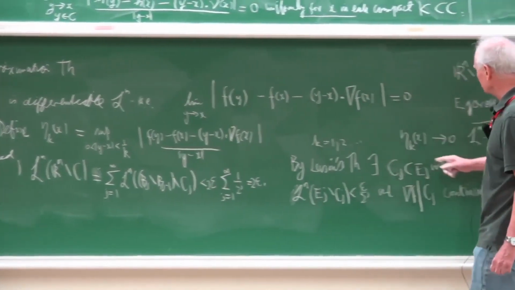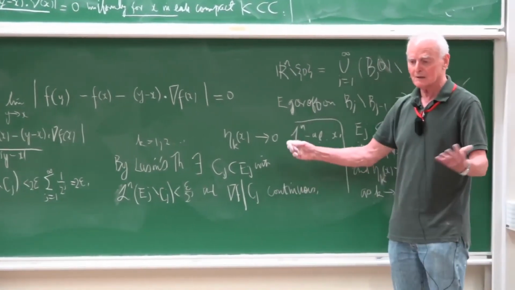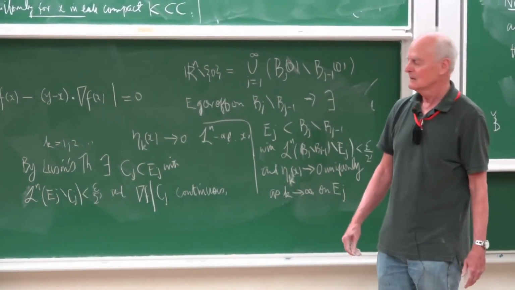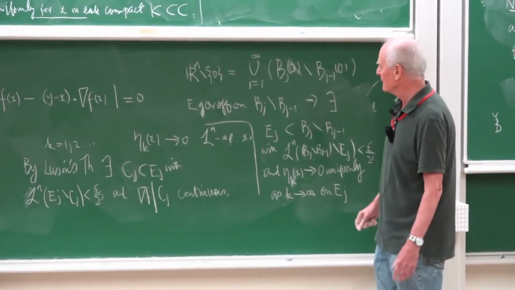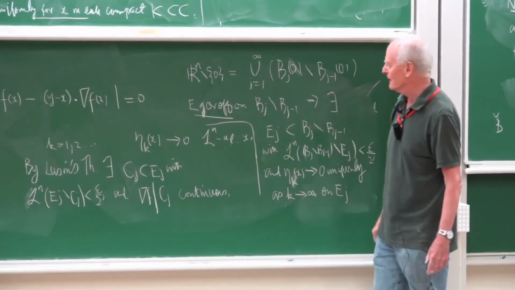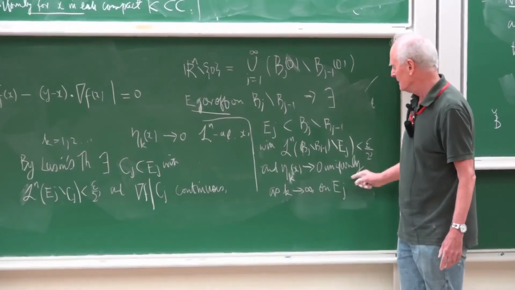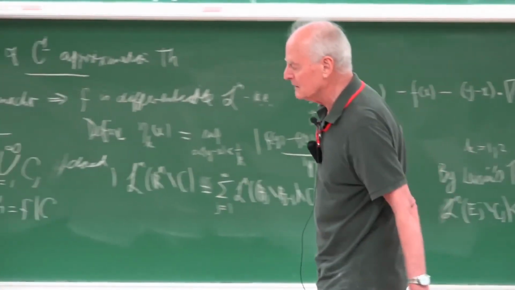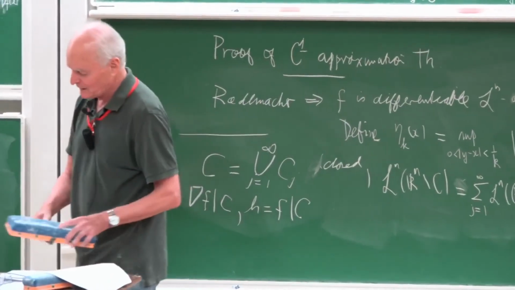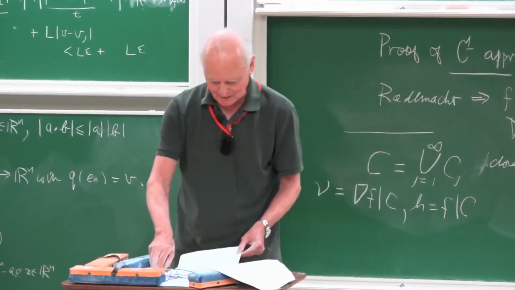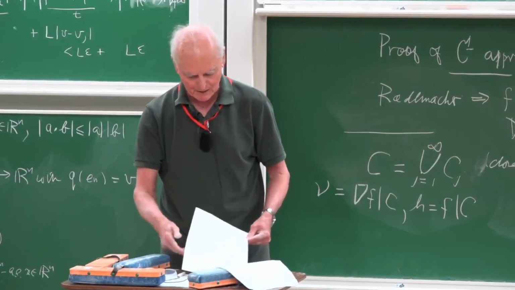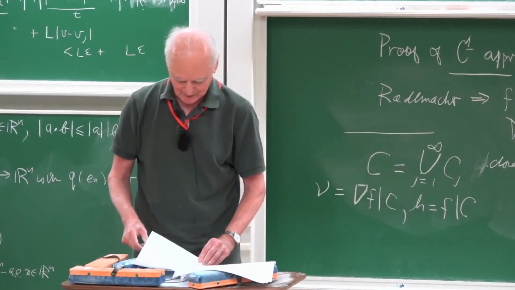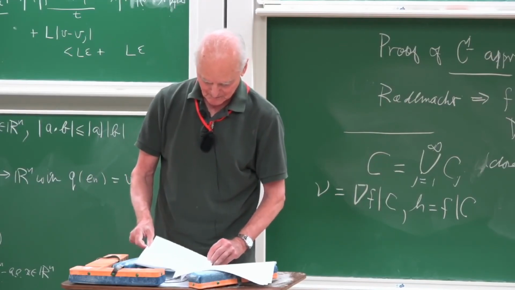That was the point of using the Egorov theorem. So actually, we're done. The hypotheses of Egorov hold. The uniformity is what Egorov was all about. So that's a really nice theorem, but as I said, it does depend on the Whitney theorem. I'm sorry I didn't have time to do that, but you should take a look at that. It's a really nice theorem.